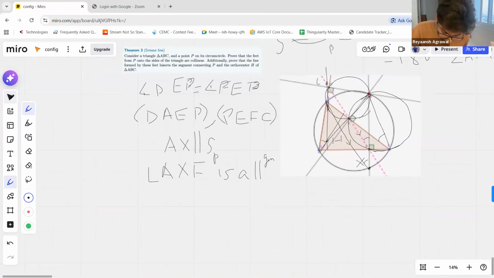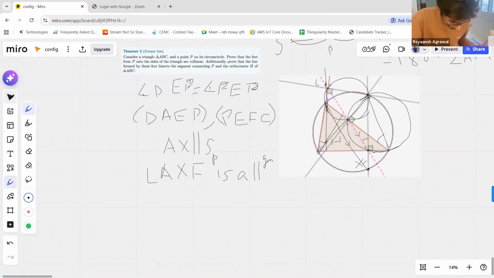Now, if I reflect X about BC, I'll call this X prime. X prime is the reflection of X about BC. Can you show that X prime is the orthocenter of triangle PBC?